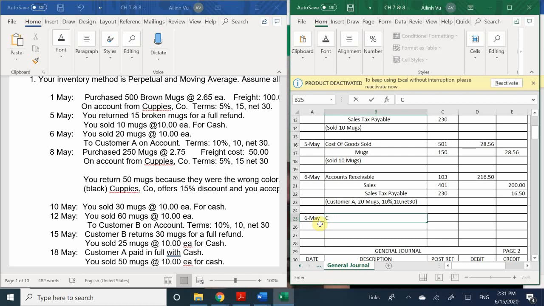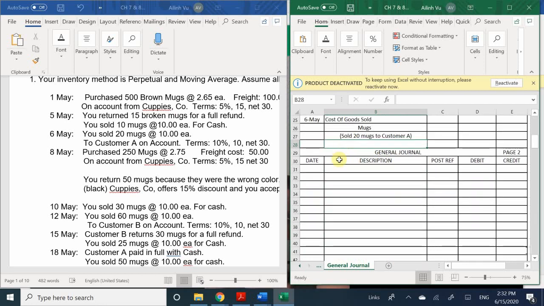Cost of goods sold, and you're going to take it out of inventory, mugs, and then I'm going to indicate in parentheses: sold 20 mugs to customer A.